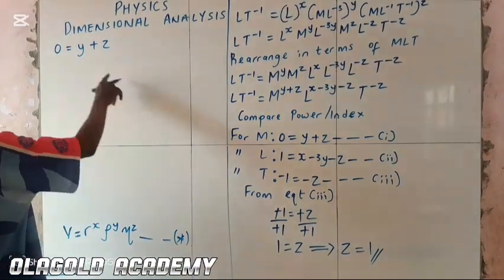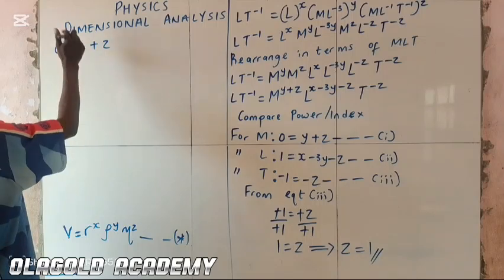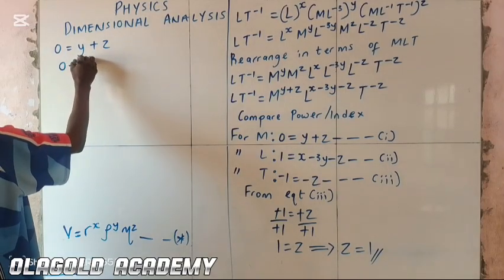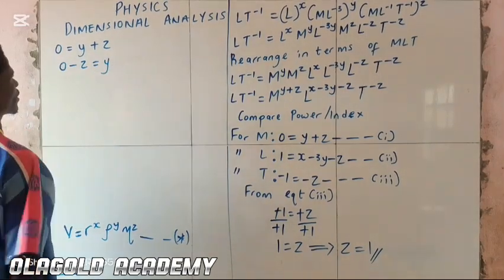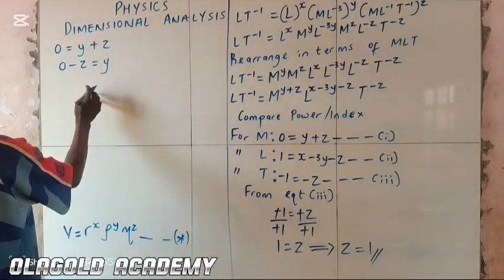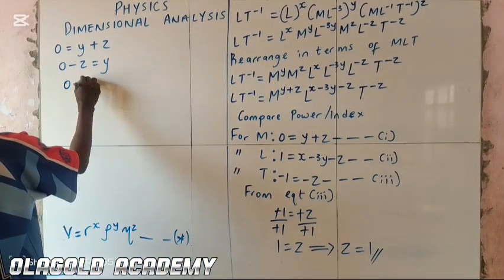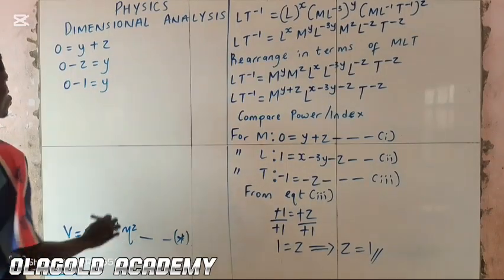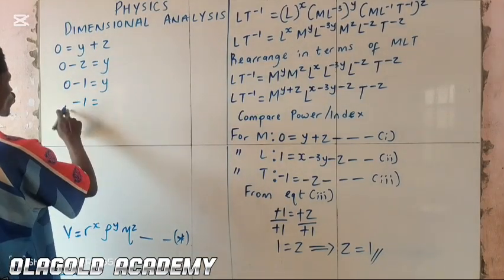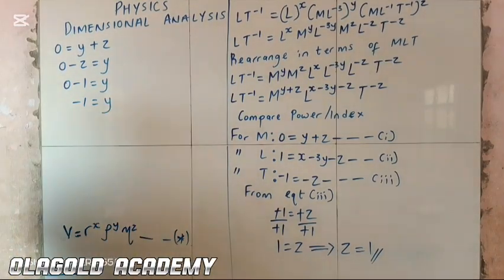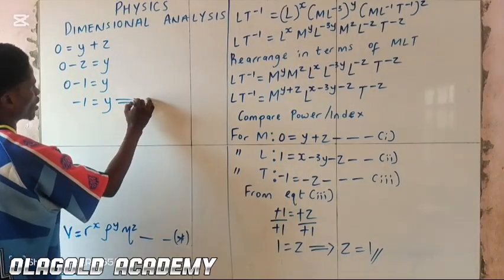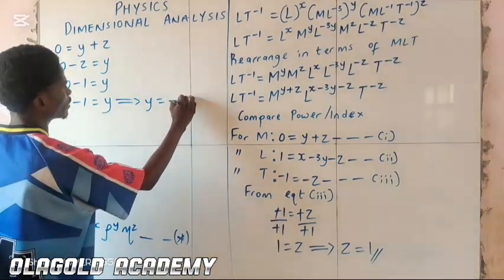Alright, so let's bring this z to this side. We're going to have 0 minus z equal to y. So we have this. Alright, the value of z is 1. So we have 0 minus 1 equal to y. So having minus 1 equal to y. And this implies that our y equal to minus 1.